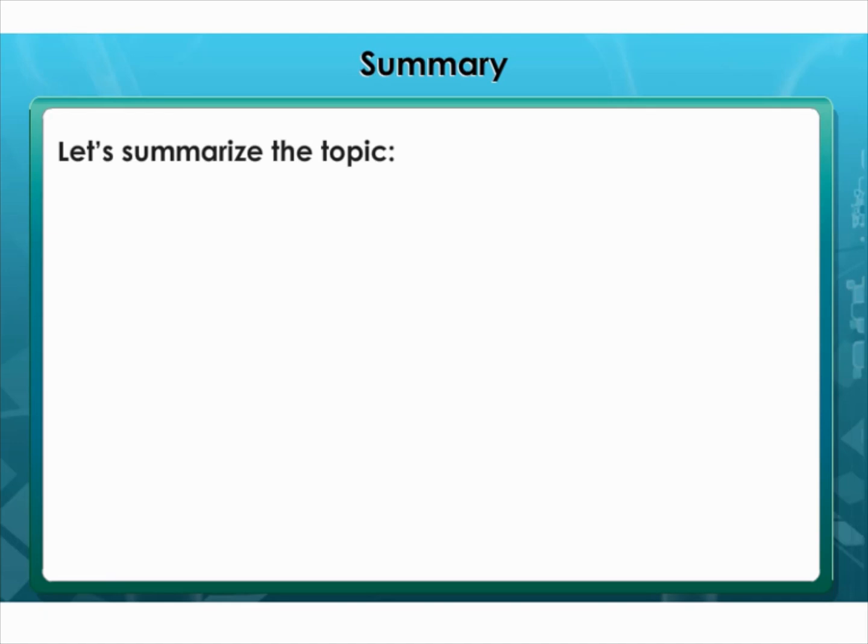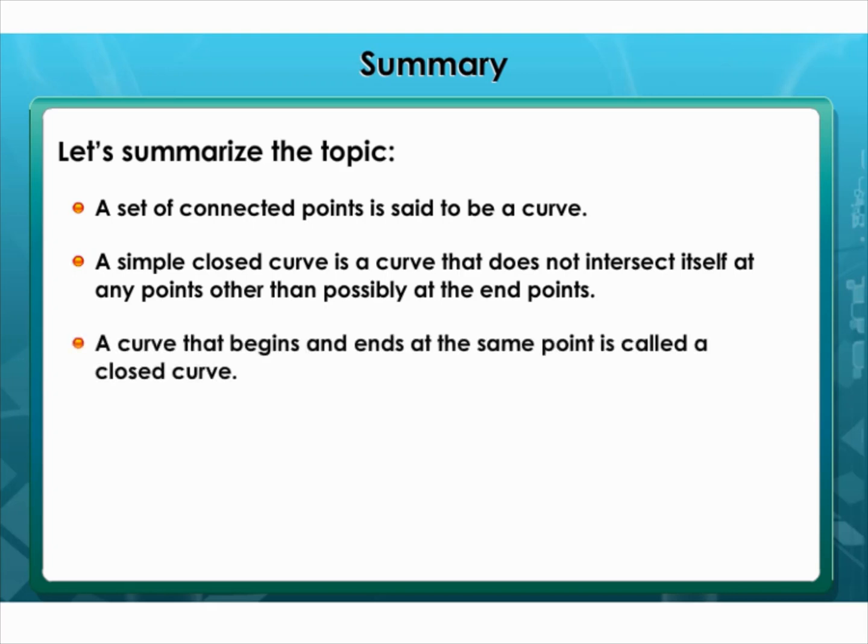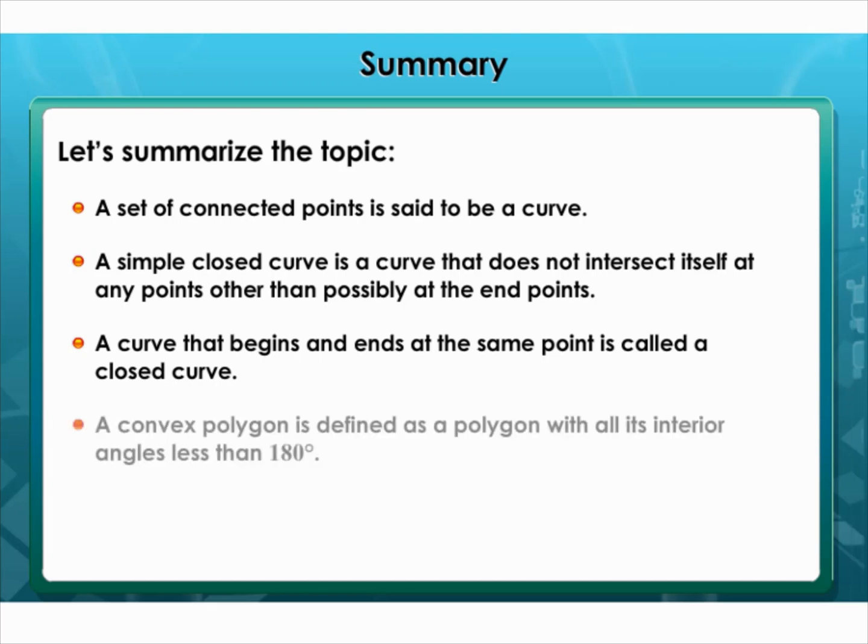Summary. Let's summarize the topic. A set of connected points is said to be a curve. A simple closed curve is a curve that does not intersect itself at any points other than possibly at the endpoints. A curve that begins and ends at the same point is called a closed curve. A convex polygon is defined as a polygon with all of its interior angles less than 180 degrees.